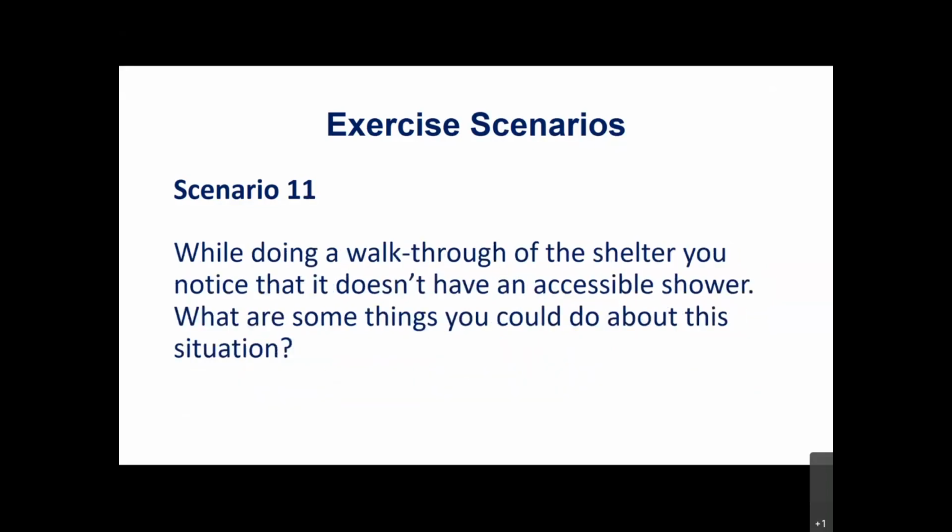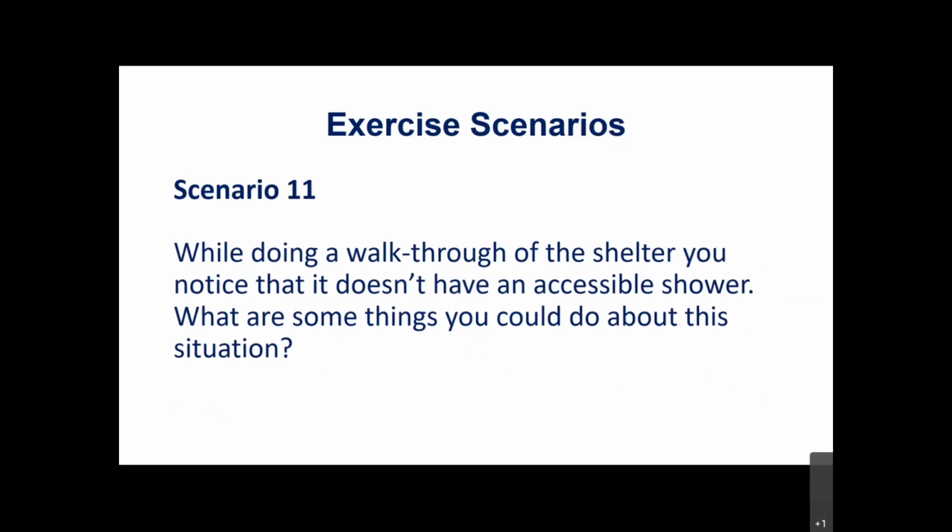Thank you. Scenario 11. While doing a walkthrough of the shelter, you notice that it doesn't have an accessible shower. What are some things you could do about this situation? So here we go. Check to see if one could be turned into an accessible shower with a temporary modification.